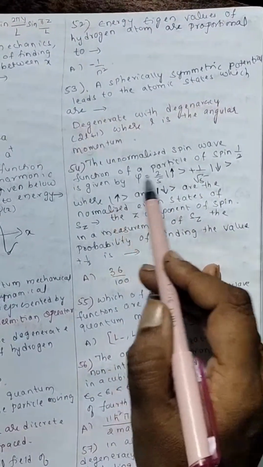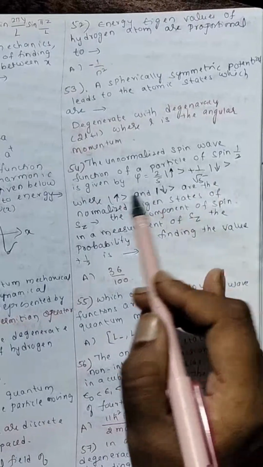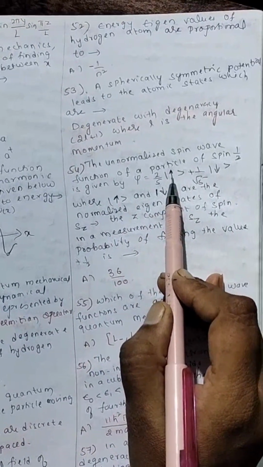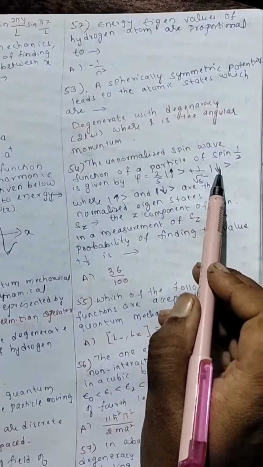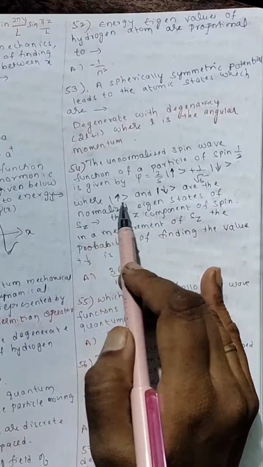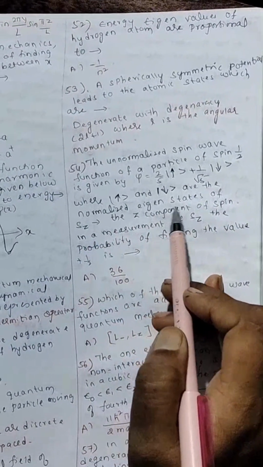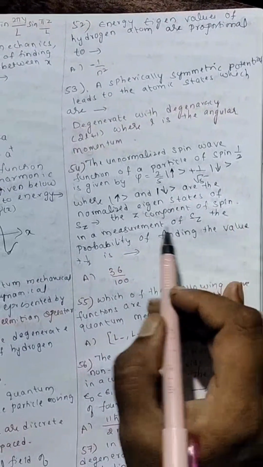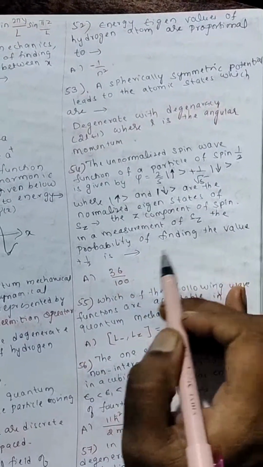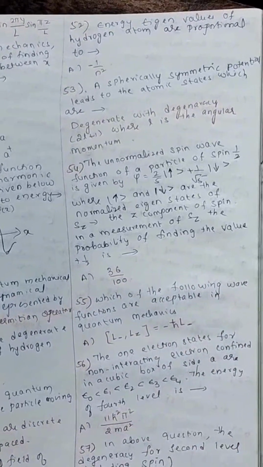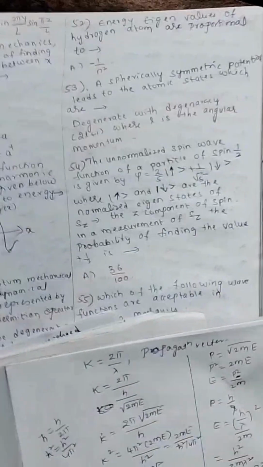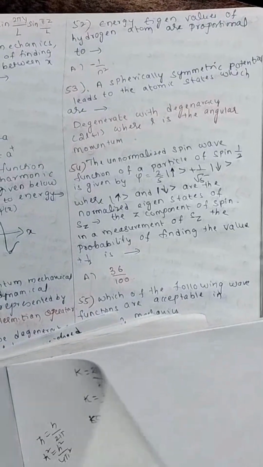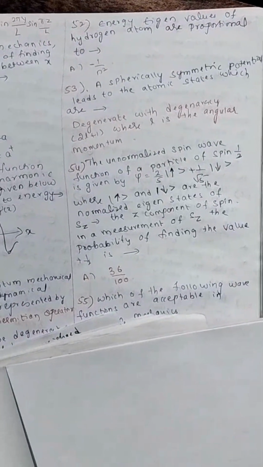the unnormalized spin wave function of a particle of spin half is given by psi equal to 2 by root 5 phi up spin plus 1 by root 5 phi down spin, where these are normalized eigenstates of Sz, the z component of spin. In a measurement of Sz, the probability of finding the value, we get 36 by 100. Right?